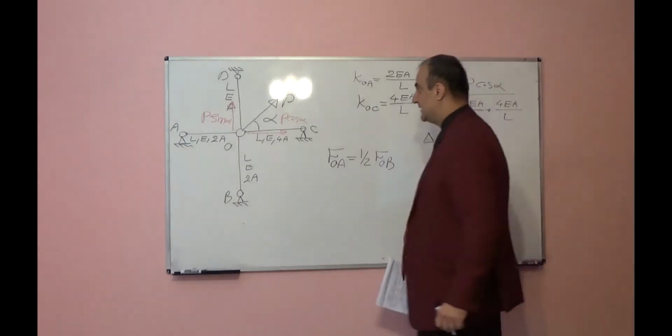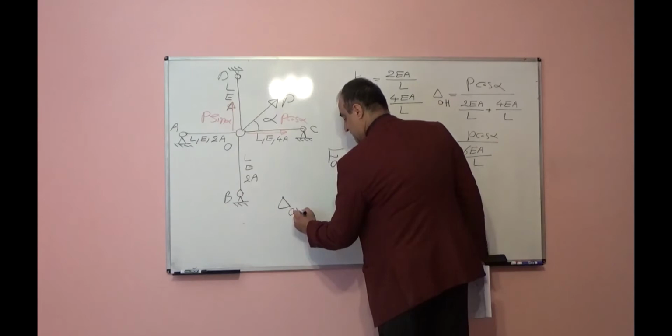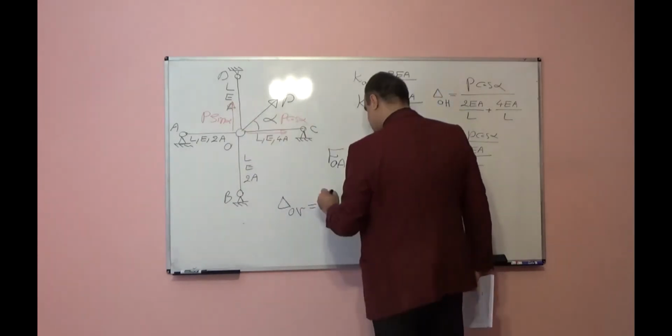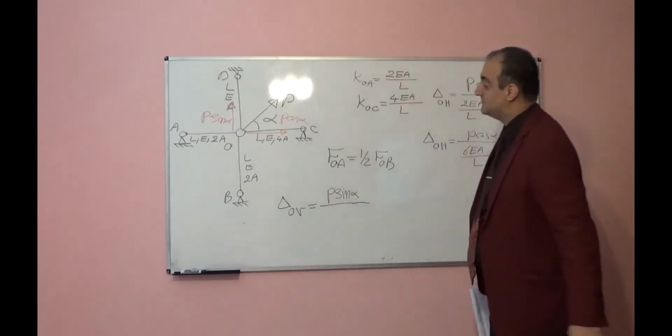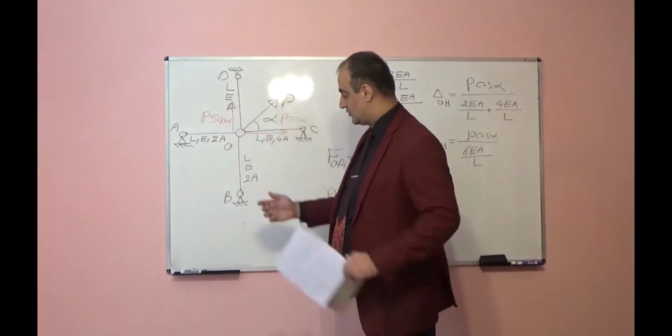In a similar way, in vertical direction, delta O in vertical direction: total force in vertical direction is P sine alpha, and effective stiffness in vertical direction is the stiffness of OB and OD.